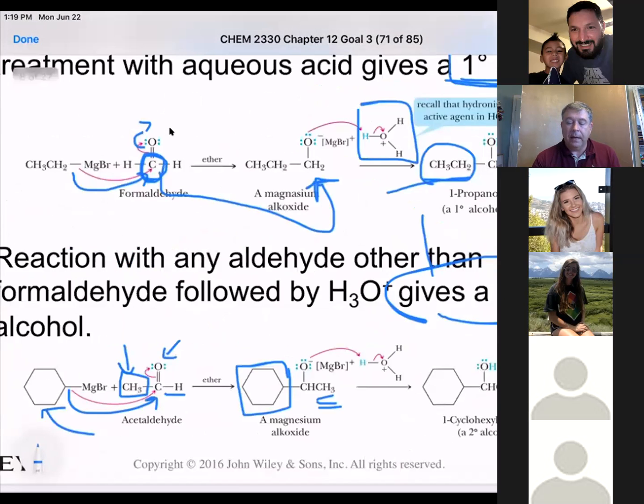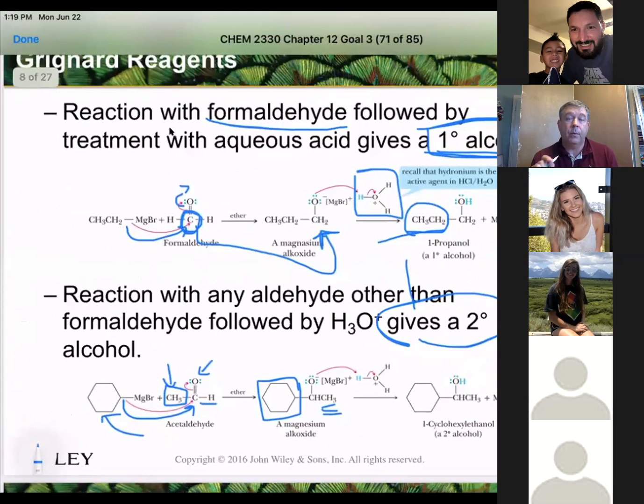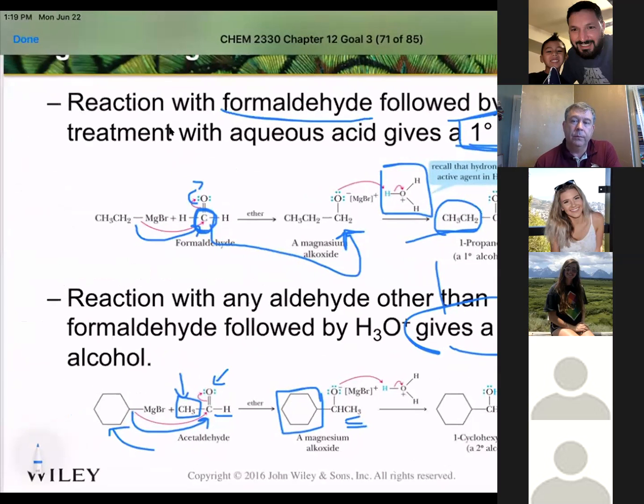If formaldehyde yields a primary alcohol, and all other aldehydes yield a secondary alcohol, what do ketones do? A ketone already has 2 R groups on the carbonyl, and you're attacking it with a 3rd R group.